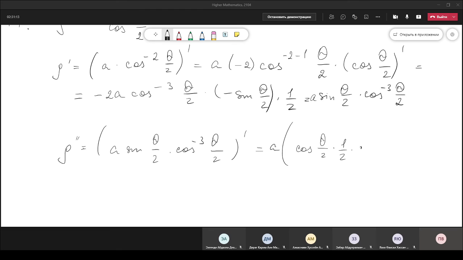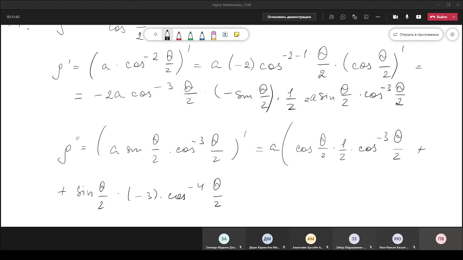and the second term we just rewrite, plus sine, just rewrite. Derivative of cosine to the power of minus 3 in the first power: minus 3 times cosine with power minus 4, because minus 3 and minus 1 is minus 4.